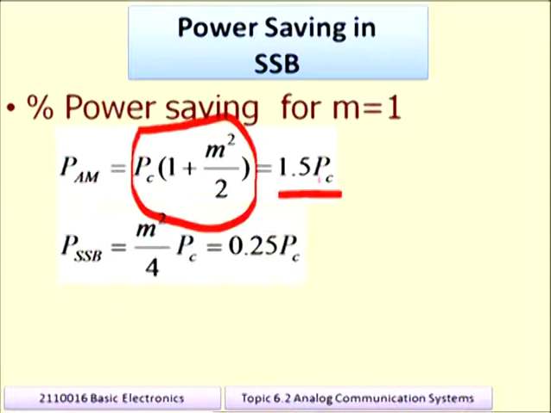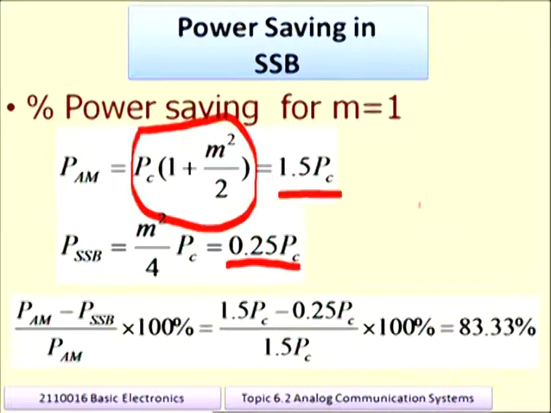Then the sideband power is P_SSB = m²/4 Pc. If you place m = 1 here, you will find that the power required in the case of SSB is 0.25 Pc, which is much less than 1.5 Pc. And if you calculate the percentage power saving in this case, then it is (P_AM − P_SSB) divided by P_AM.